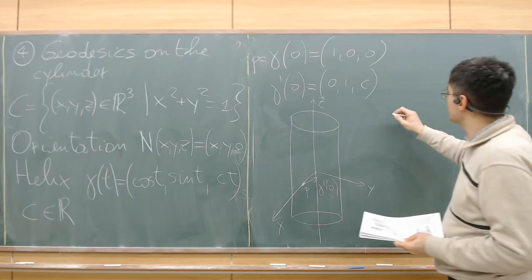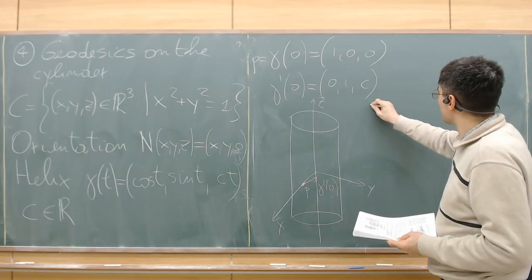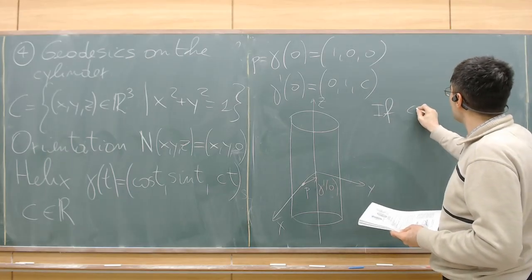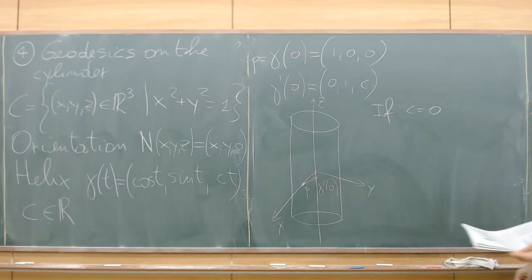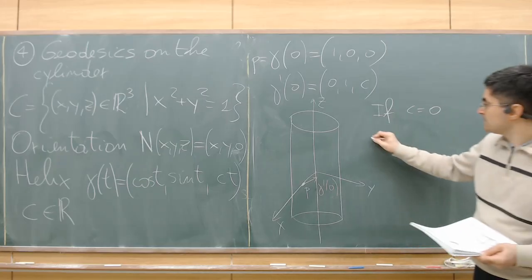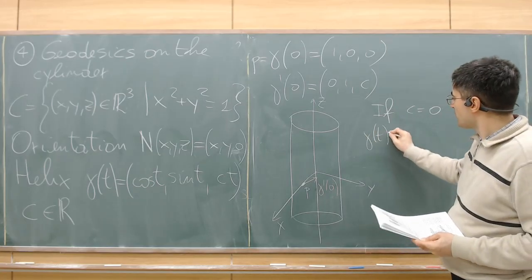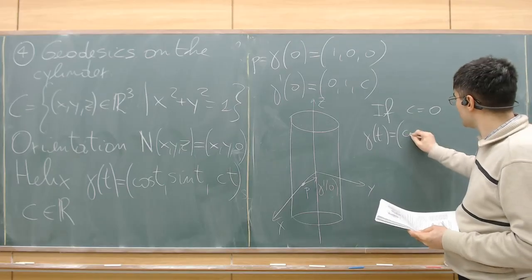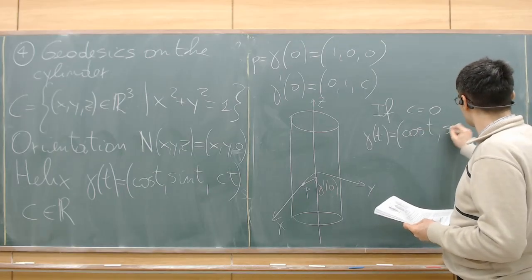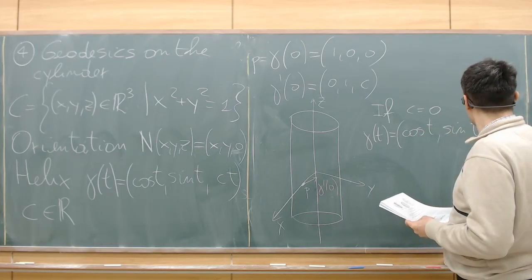So if c is 0, we have that gamma(t) reduces to cosine of t, sine of t, 0.